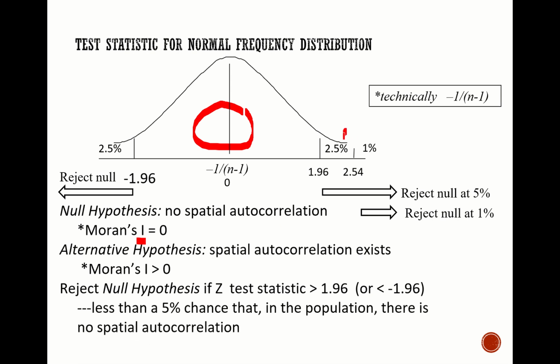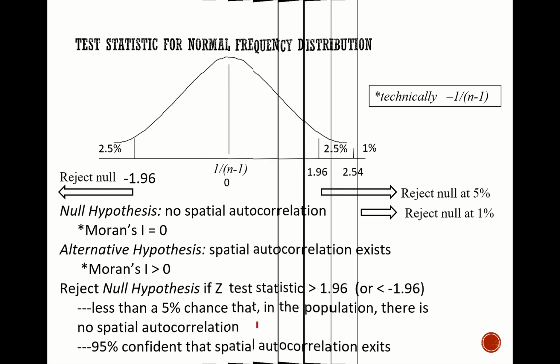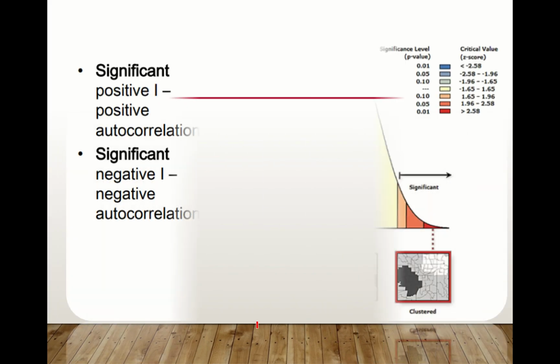So if we get a Moran's I way out here, that means there's a less than 5% chance that the Moran's I that we got was just due to random chance. There's likely something going on in terms of the spatial distribution of our data set.